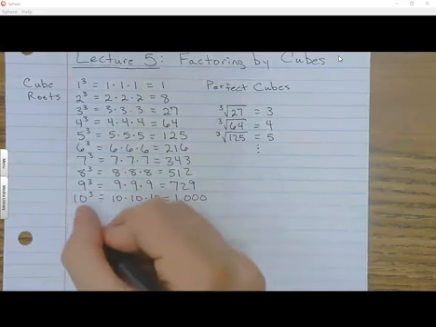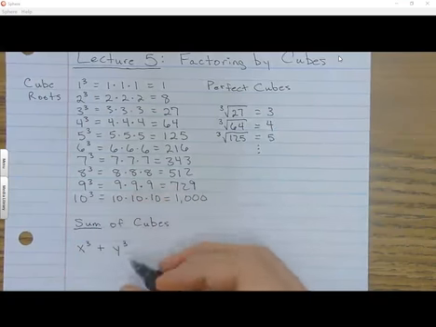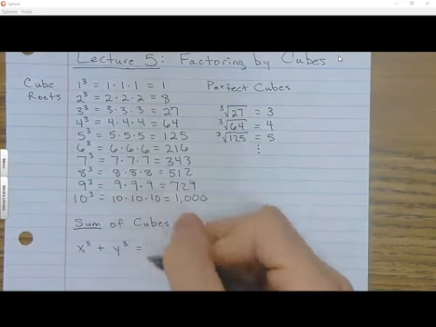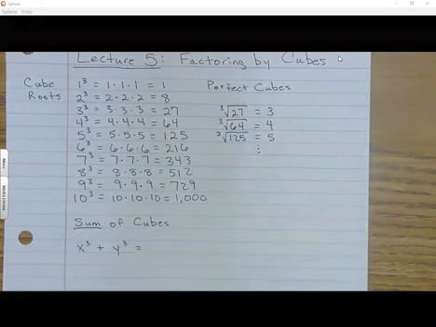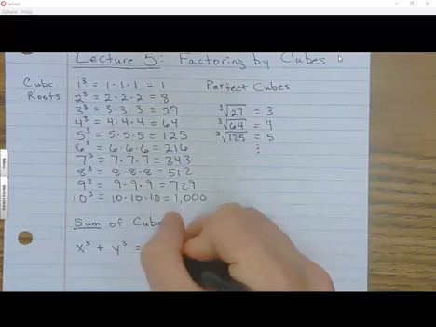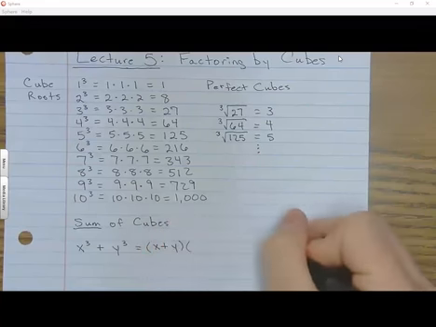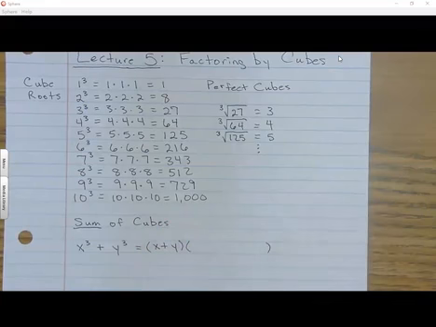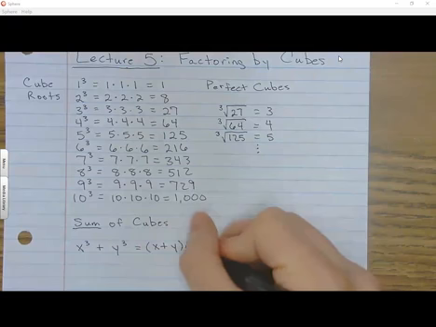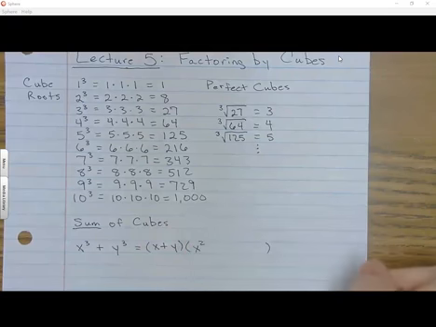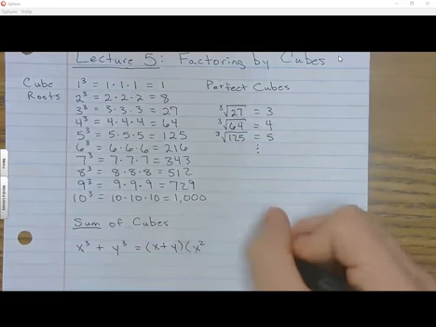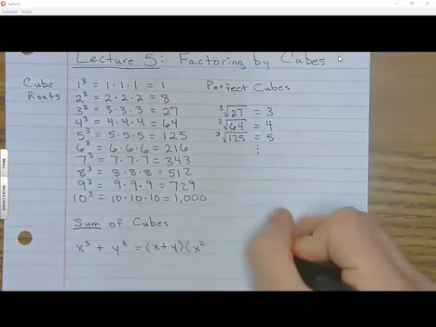And since this is a sum, we're going to be putting a plus in between. And the way we factor this is x plus y, and then we're going to have what's known as a long factor. The first thing we do is we square the x to get x squared. We square the y to get y squared.